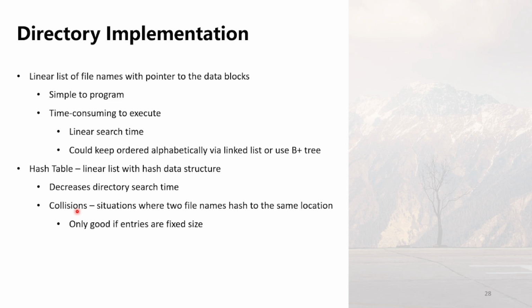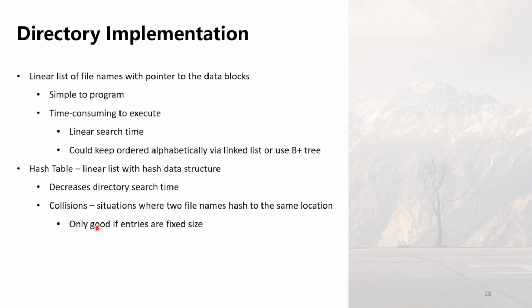However, hash tables have what is called a collision problem, which occurs when two file names map to the same position. Once a collision occurs, we link them using a linked list.